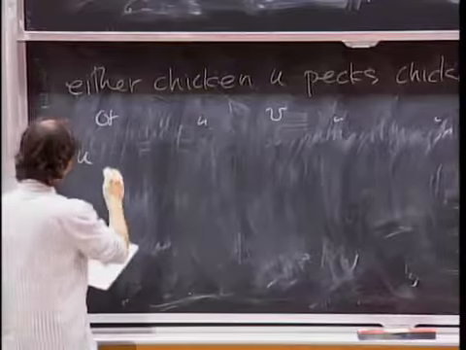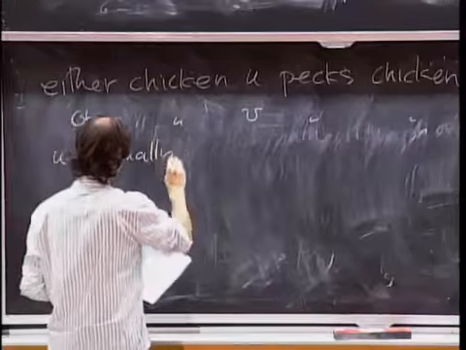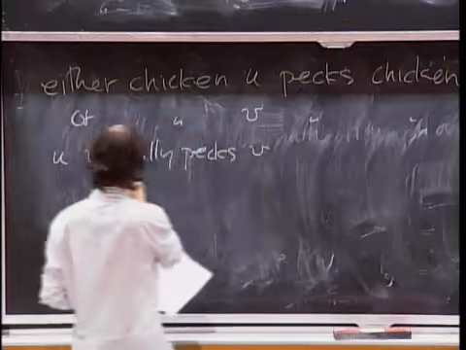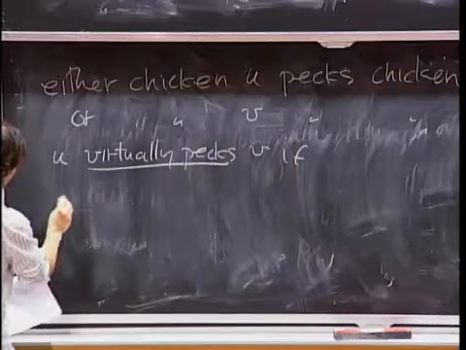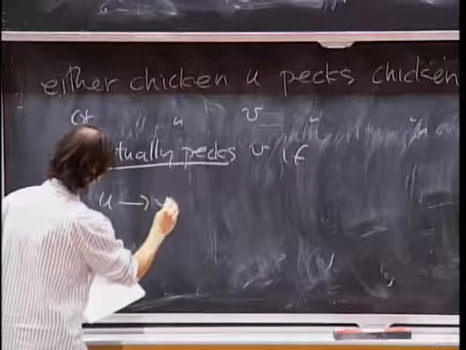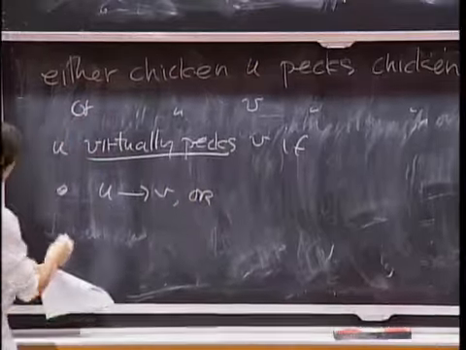We say that U virtually pecks V if one of these two conditions holds. Either U, of course, pecks V, so that's great, he's in good shape.